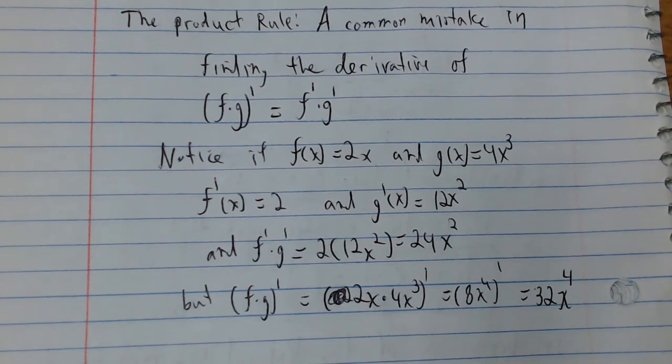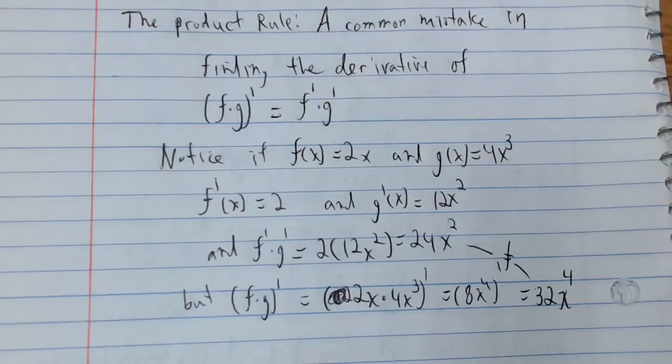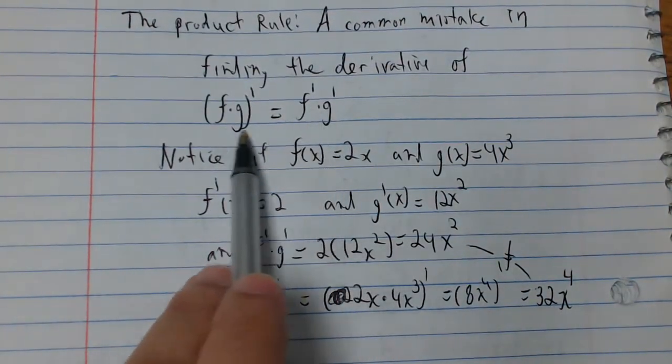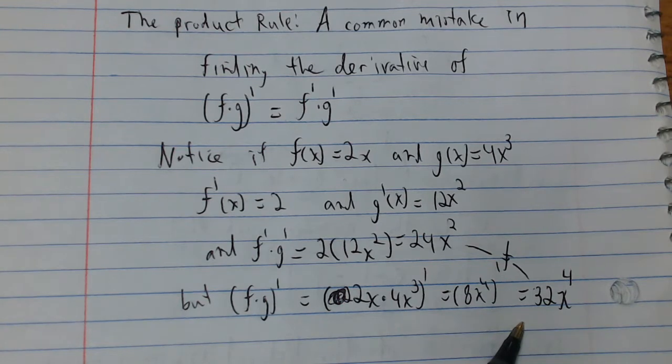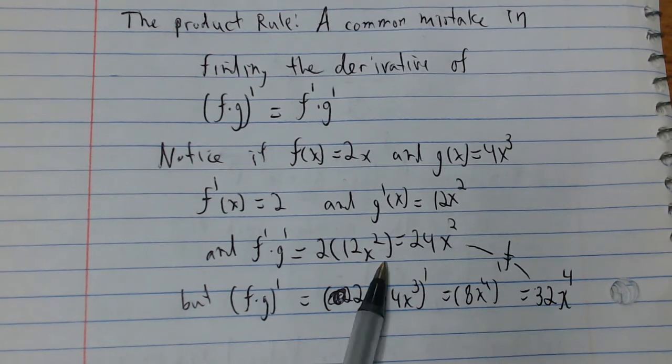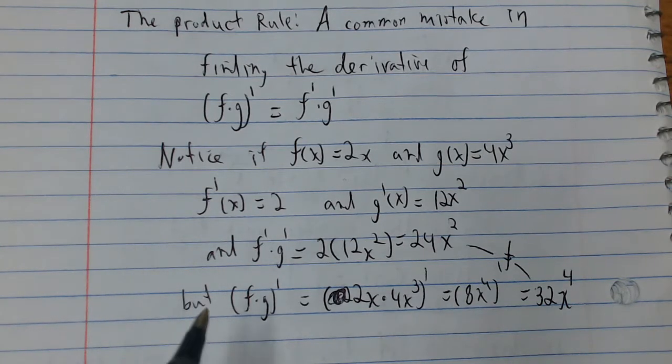And clearly, you could see that these don't equal. The claim I was making up here is false, because the derivative of f times g gives us 32x cubed, however, f prime times g prime gives us 24x squared. So clearly they're not equal.